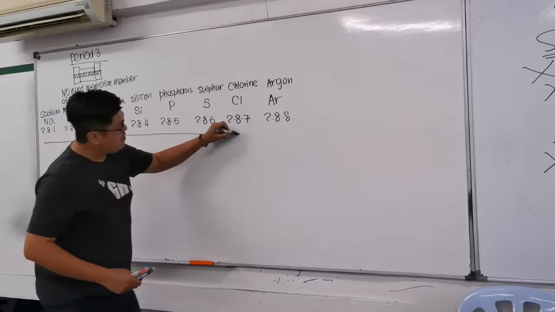Okay, so moving across period, what you need to know? The first thing you have to know is that the properties change. When you move from left to the right, you will see this. Metallic properties decreases. I'll tell you why, but you don't need to memorize, guys.